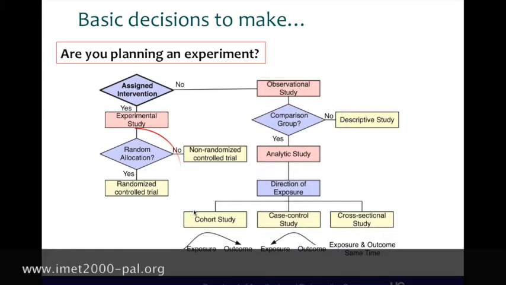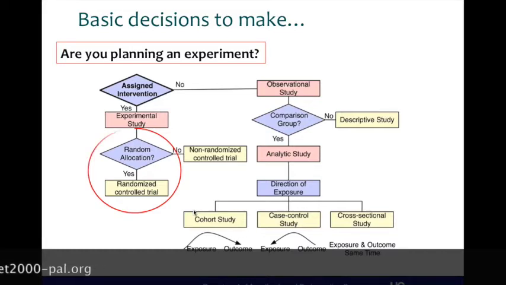And this is a definition of a randomized controlled trial. It's going to be the impact of a drug versus placebo, or the impact of standard care versus a new intervention on an outcome of interest. These are really the gold standards in studies.